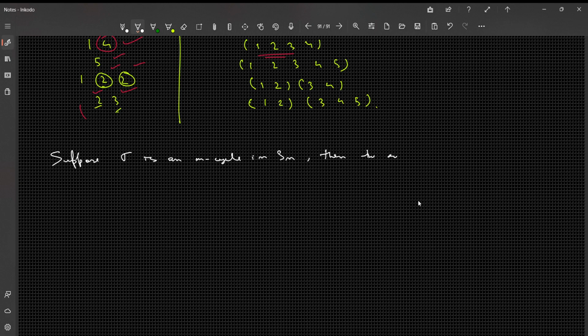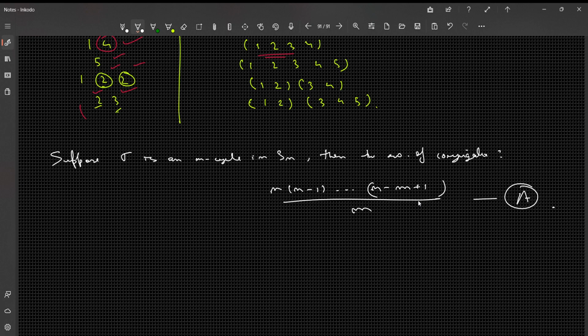Then the number of conjugates is of the form n(n-1)...(n-m+1)/m, which is pretty obvious.